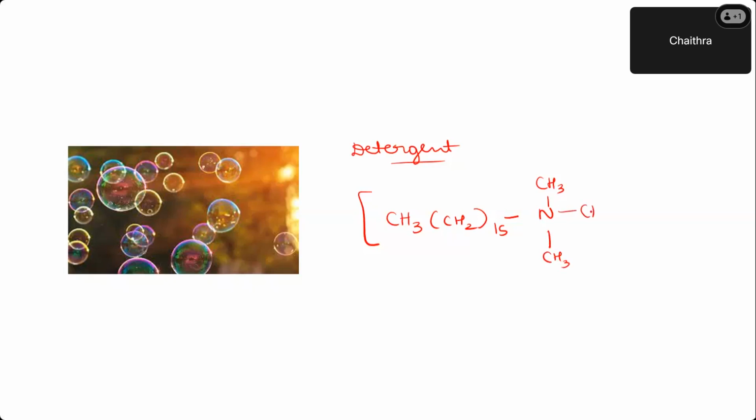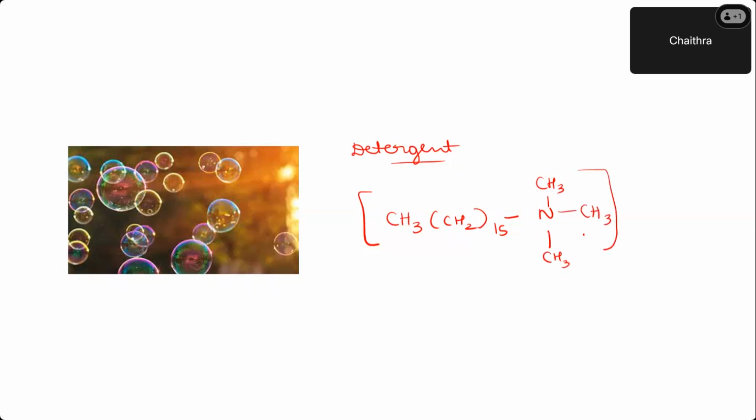And this is a picture to denote surfactants I have put. All of you use detergents to wash clothes, right? One of the important cationic detergents is cetyl trimethyl ammonium bromide. This is the formula of that. See, this is a salt of an amine itself.